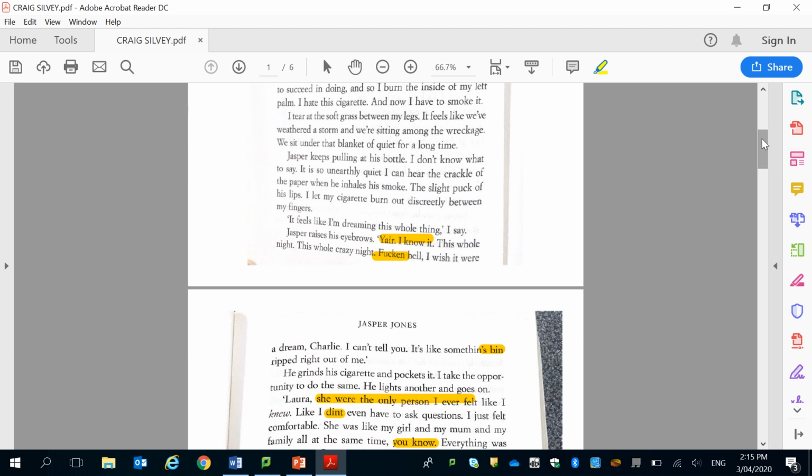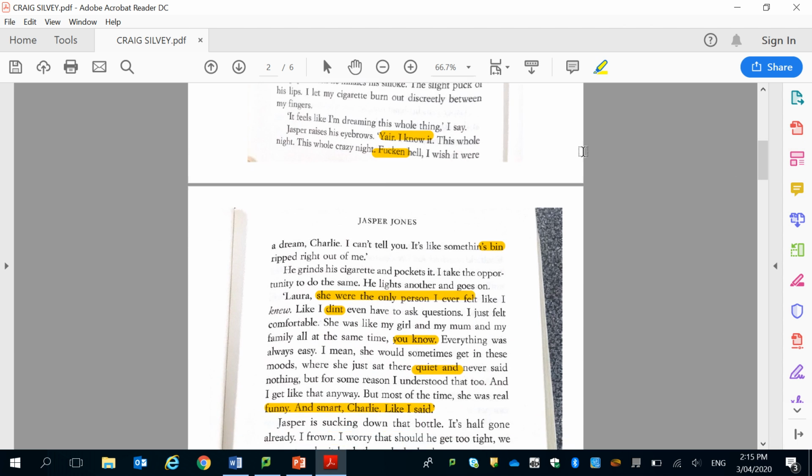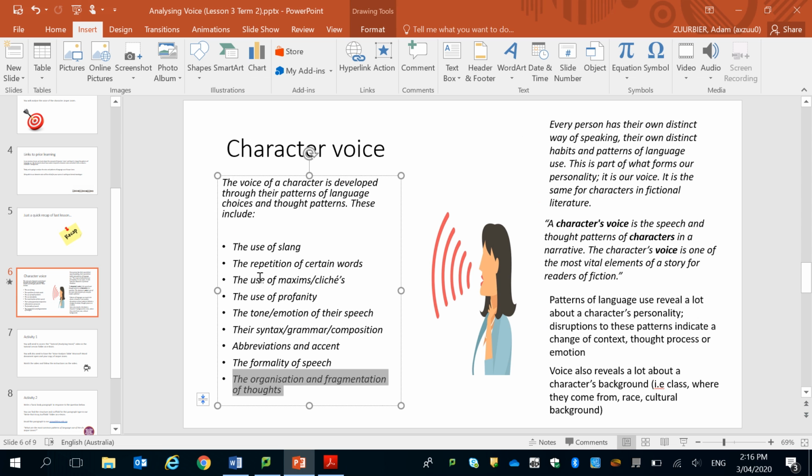Alright, so for the use of profanity, we have the mispronounced word there. Another mispronounced word here that's regularly done, and that's been. And then let's have a look at this one. "She were the only person I ever felt like I knew." So let's just go back to our list.